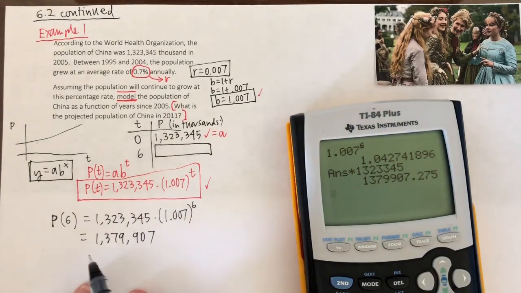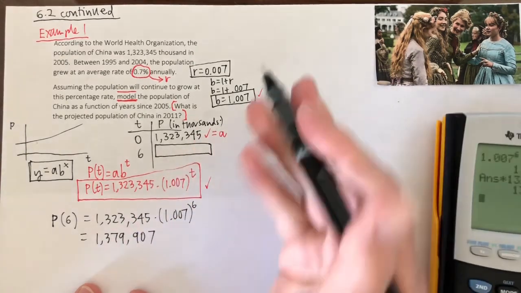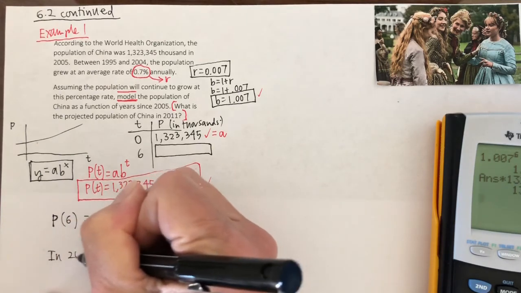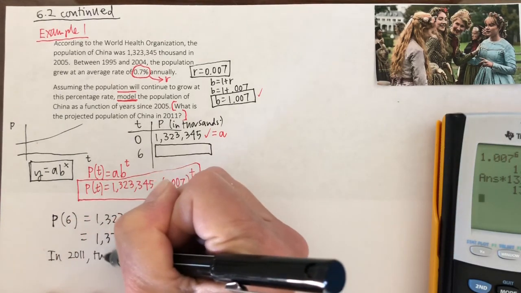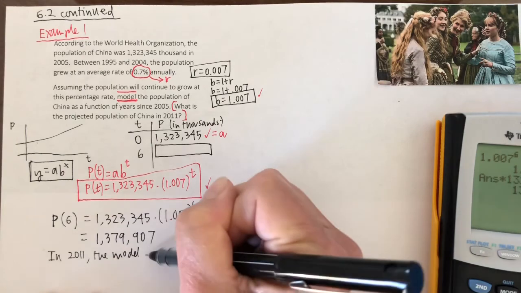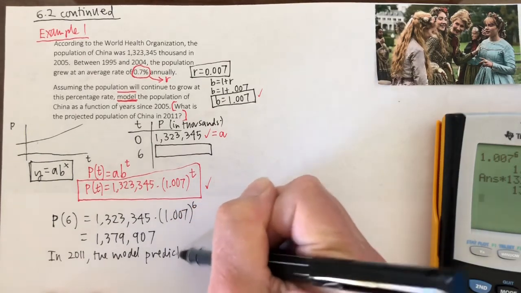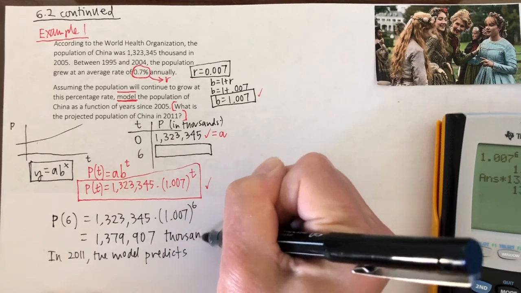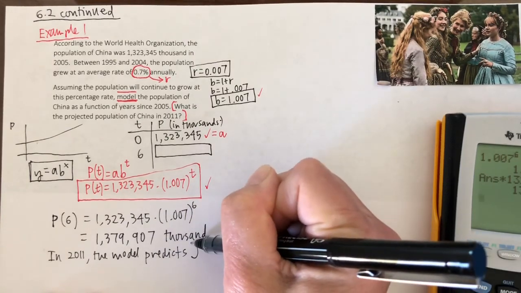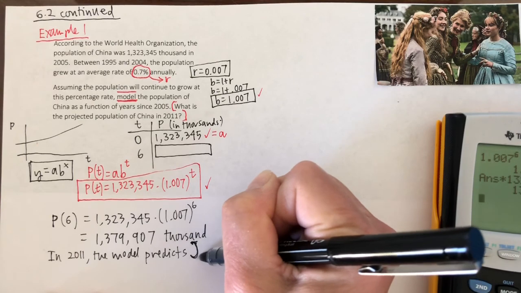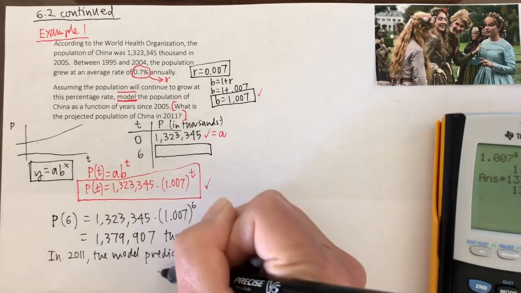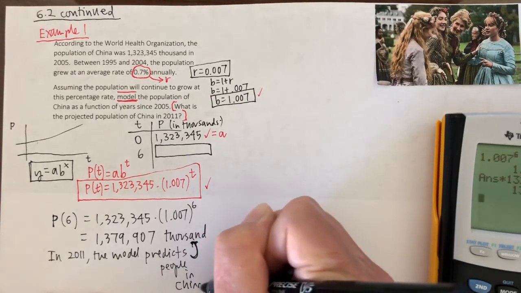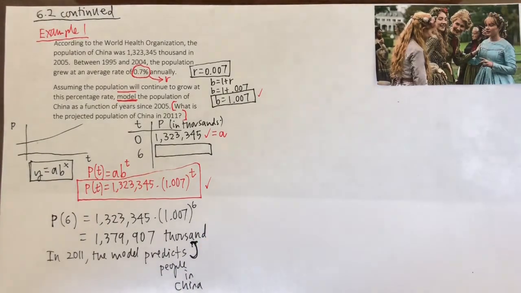Okay, but I'm not done for sure, because then I have to tag on that in 2011, the model predicts this many thousand, that many people, in China. Good.